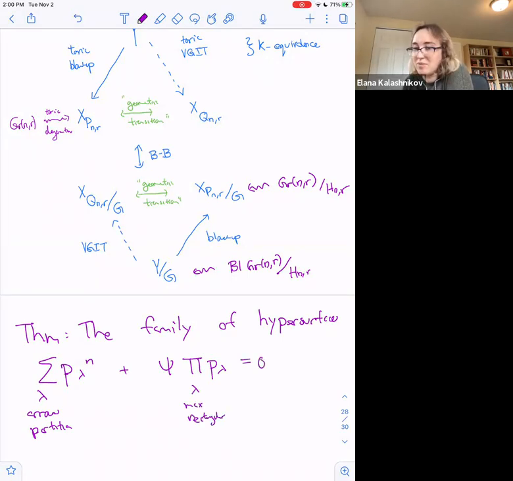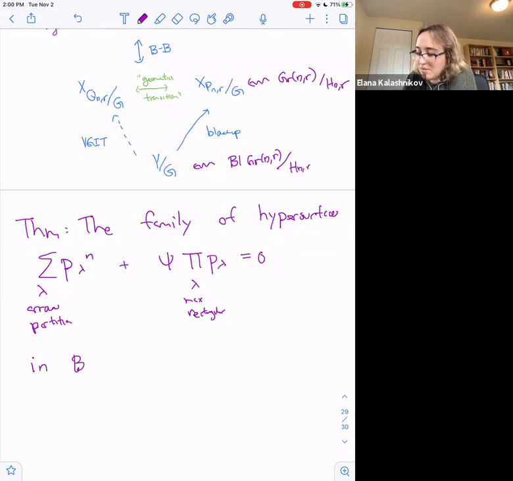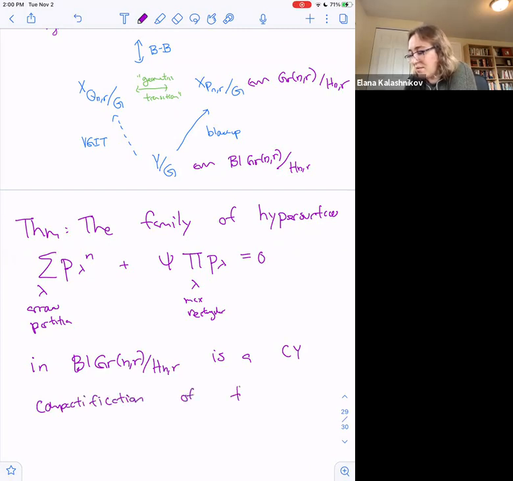So if you look at this family of hypersurfaces inside the blow-up, the particular blow-up of the Grassmannian modulo H_NR, this is a Calabi-Yau compactification of the Hori-Vafa mirror. And so in particular, based on expectations of mirror symmetry for Fano varieties, this seems like a reasonable possibility for what the mirror of the Calabi-Yau hypersurface inside the Grassmannian is.